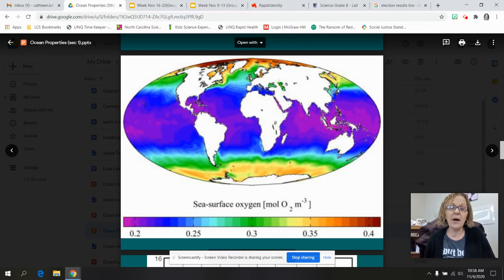Now, remember, we studied and discussed dissolved oxygen levels in our water because we use that as an indicator for good or bad water quality. The higher the oxygen levels, the colder the water, so the healthier it is for the fish. The warmer waters, if it's too warm, that could indicate unhealthy water.